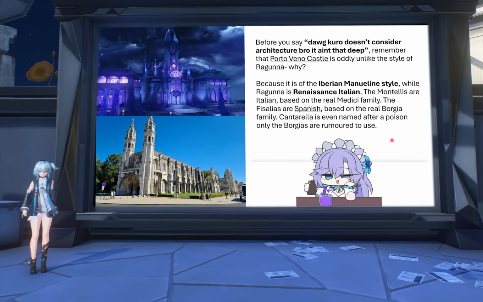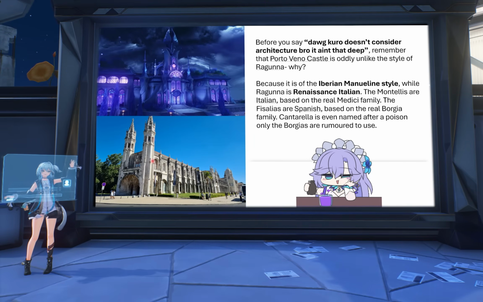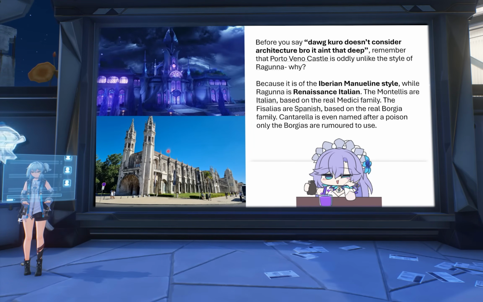One of the examples I like to show everybody when they ask me this question is Portovino Castle, right? Portovino Castle, which is Cantarella's residence, if you guys didn't know, is really heavily based on the Iberian Manueline style, the Portuguese Manueline style. You can see the inspiration here. This is Portovino Castle, and this is Neo-Manueline architecture.